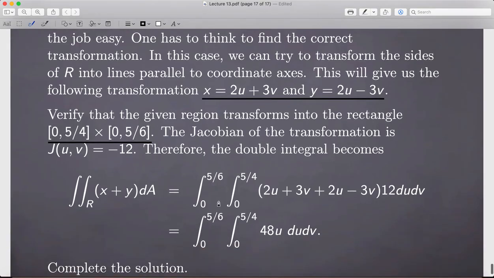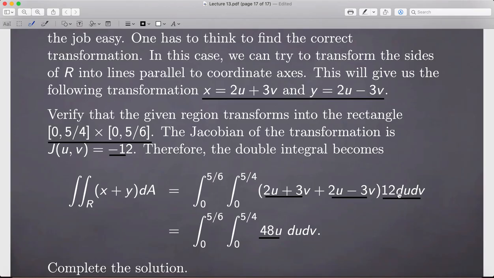So the integral now becomes an integral over the rectangle, and then you put x equal to this and y equal to this, and one term gets cancelled. The Jacobian here is minus 12, by the way, but this is the area component. So we had a modulus, because negative terms are not considered in the area; the Jacobian is in the area component, so this has to be the modulus of minus 12.